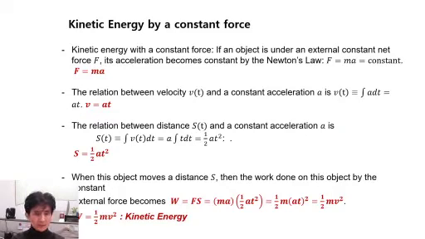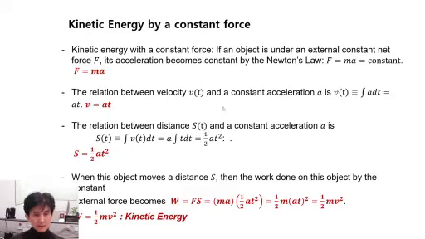I've already explained this in chapter 6, but I'd like to make sure of the basic concept of kinetic energy by a constant force. If there is a constant force, there will be constant acceleration, and Newton's law states that F, the force, is equal to mass times acceleration.